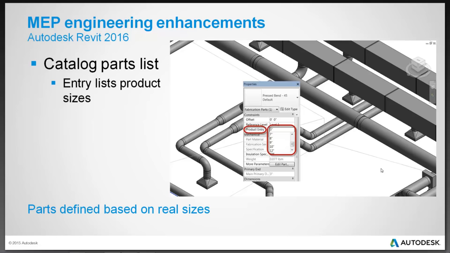This will help provide modeled components that reflect dimensionally realistic parts. When you select the component you want to use, only real part sizes can be selected based on your catalog part list. And this is intended to enable you to conform to real sizes when modeling within Revit, and again, bring you a more constructible, more fab-ready model.